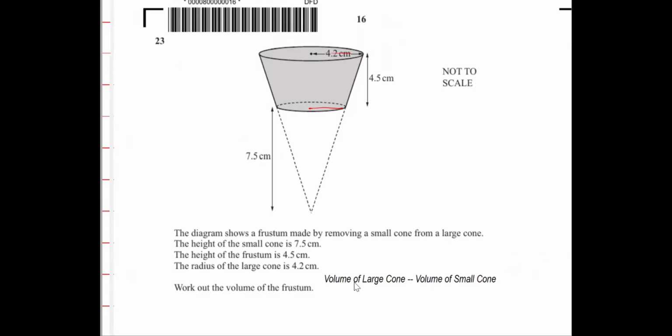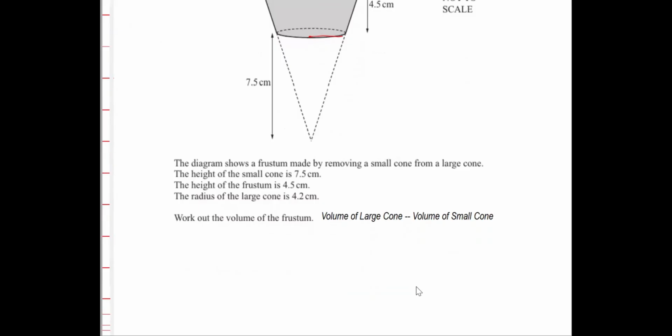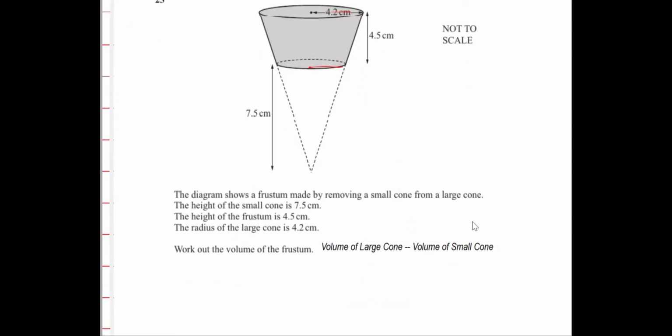The volume of frustum is equal to the volume of large cone minus volume of small cone. We represent the radius of large cone by capital R, radius of small cone by small r, height of large cone capital H, and height of small cone is small h. Here the radius of large cone is 4.2 and the radius of small cone is not given.